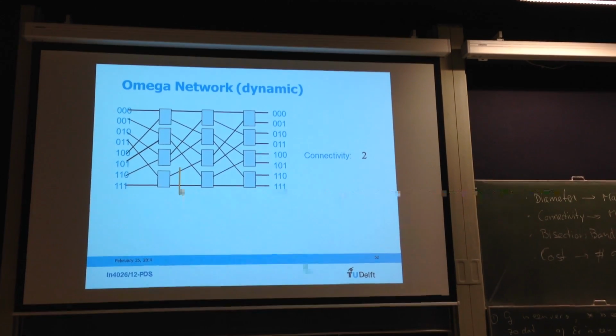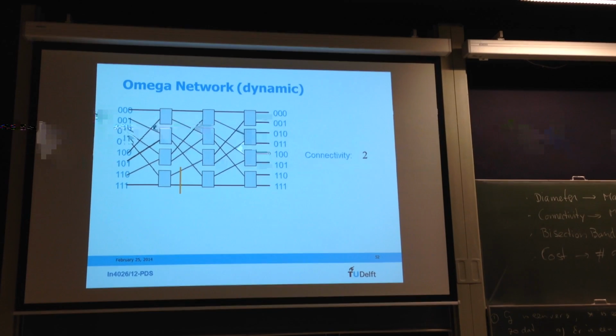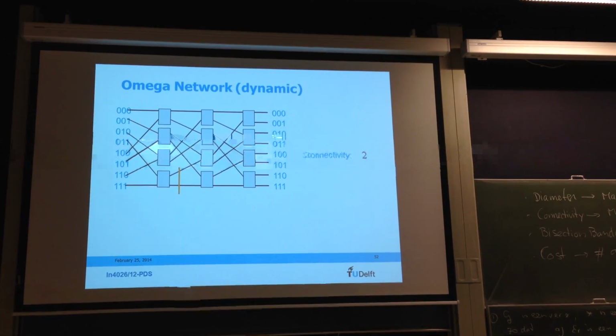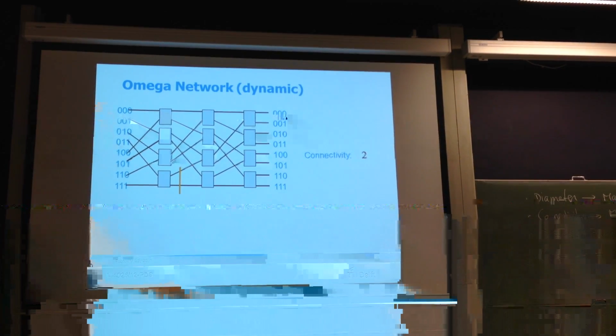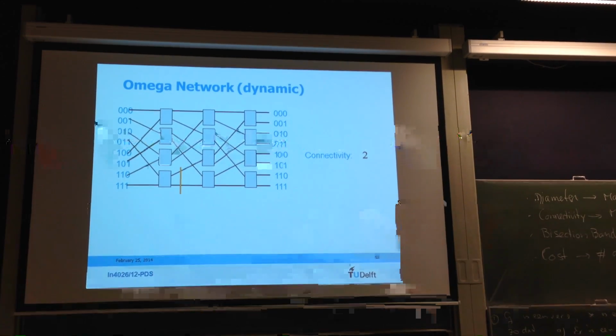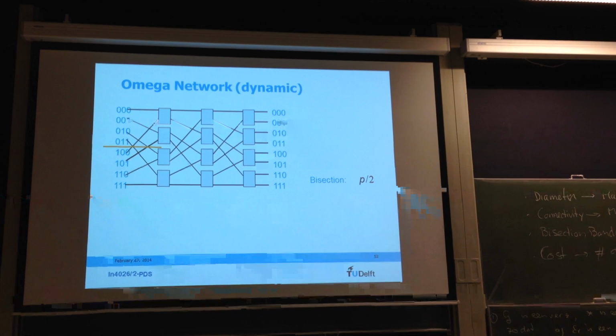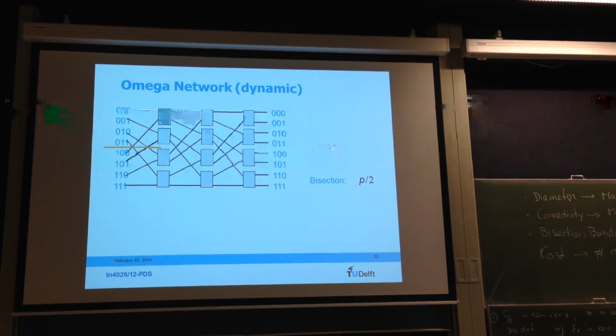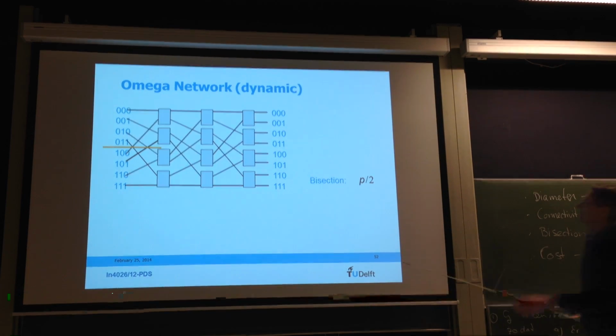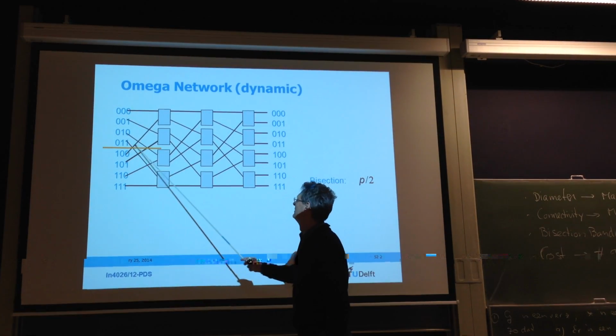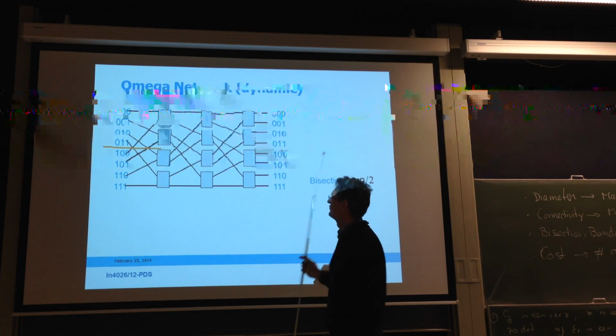What do you think? 2 log p? Well, let's see. No, it's p divided by 2, because you have to cut all these things here and you have to sum them.